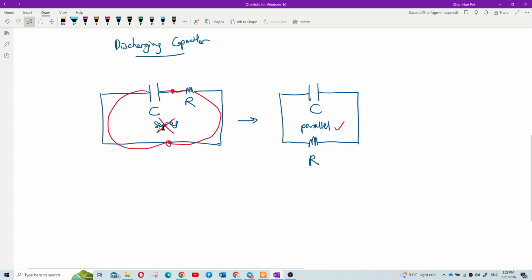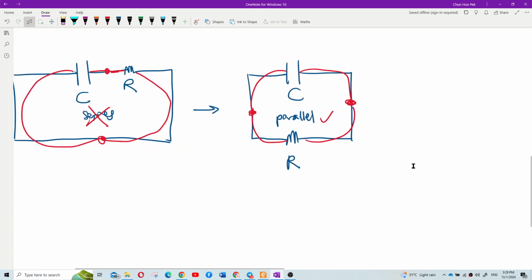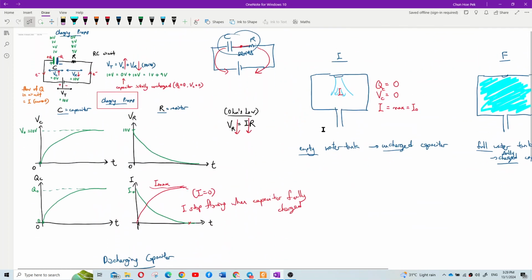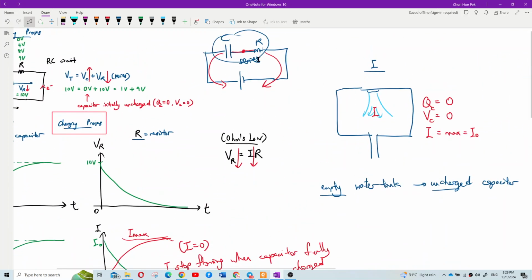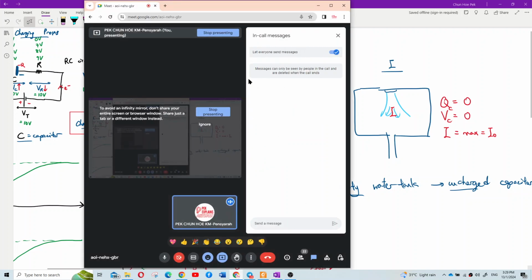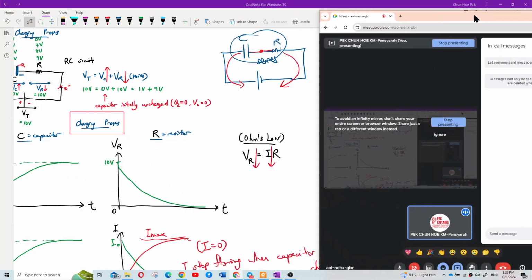So they are no longer in series. They are in parallel already. Sebab kaki ini dengan kaki ini sambung, kaki ini dengan kaki ini sudah jadi sambung. So they are in parallel, class. Nampak tak class? Where's your hand? Didn't see your hand.